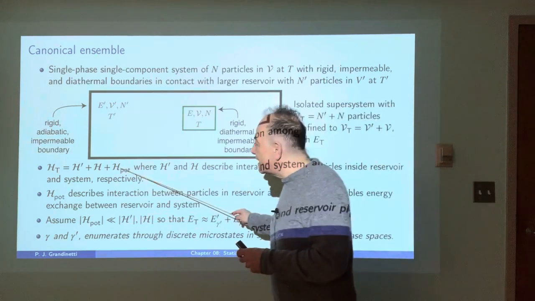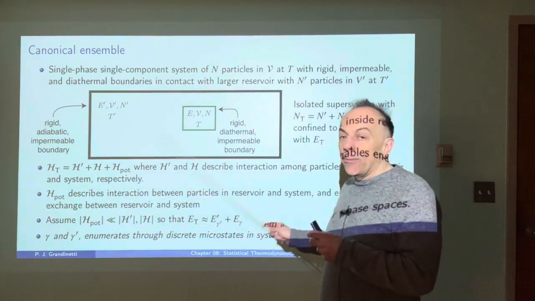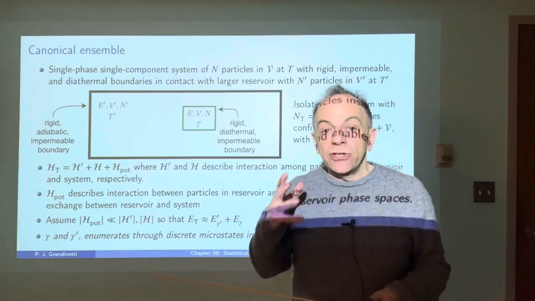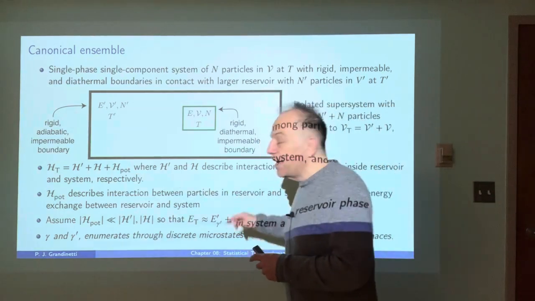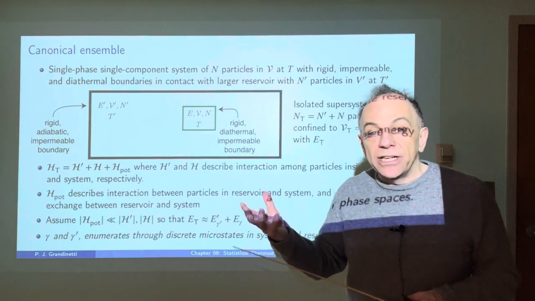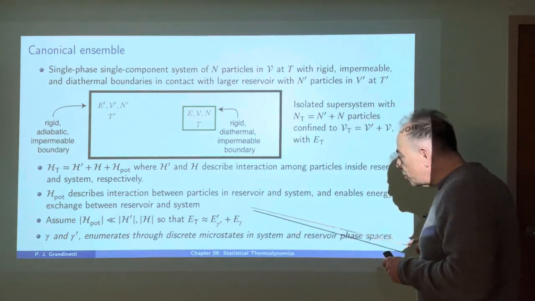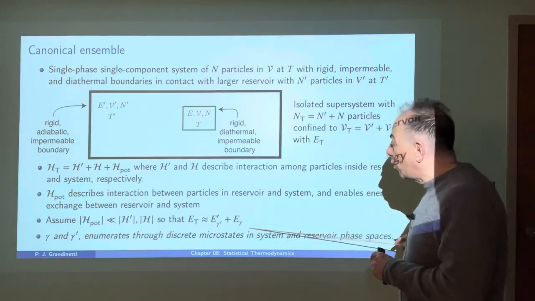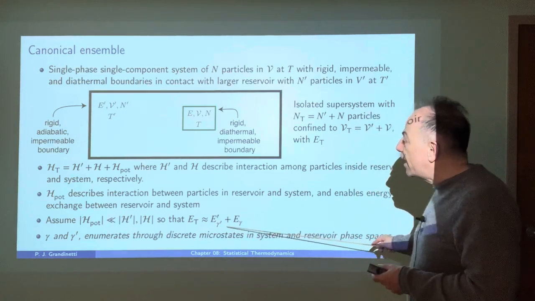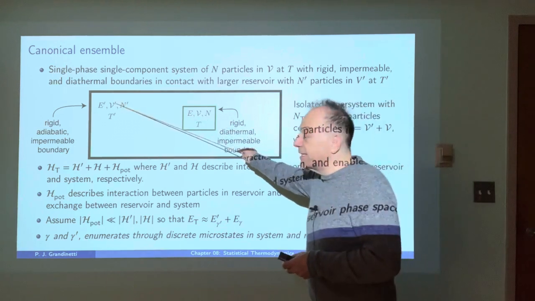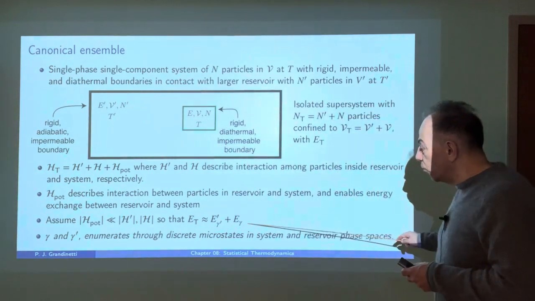So even though this is essential for getting us to thermal equilibrium, the energy contribution from this term is small compared to the energy of the system and the energy of the reservoir just by themselves. So we can then approximate the total energy as just the sum of the energy of the system plus the energy of the reservoir, which I've written here.